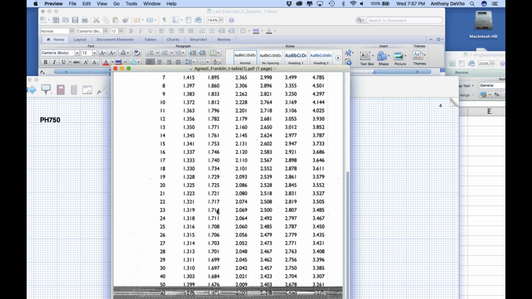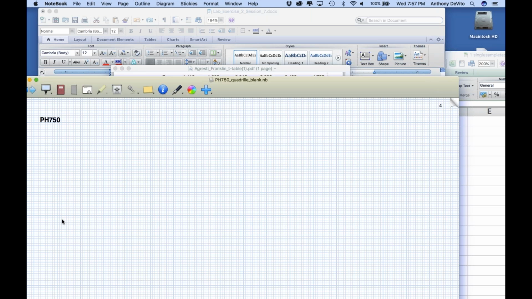So our critical value of t for a single-sided test like that would be 1.7 instead of 2.06, right? We get the same outcome. We're still going to reject the null hypothesis. But notice that our threshold for being able to reject the null hypothesis is so much lower than it is for a two-sided test, right? Because we're only giving it the possibility of being wrong in one direction rather than either direction.